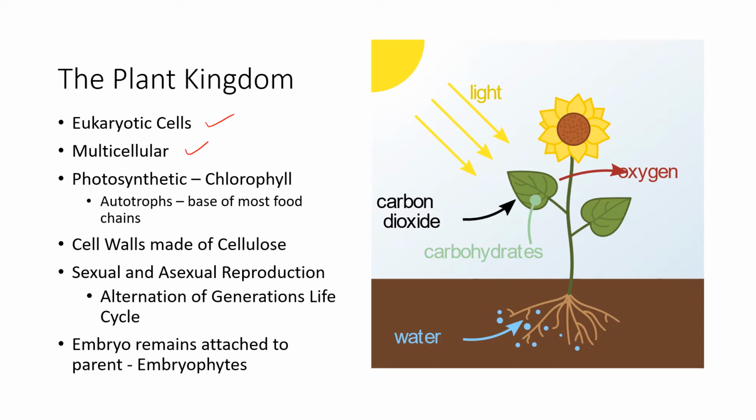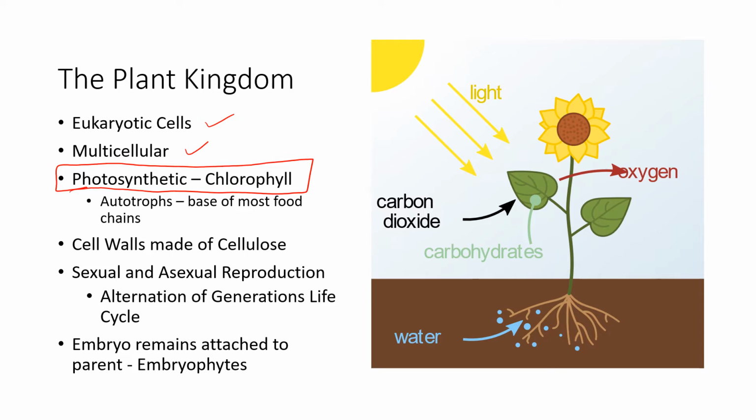A very important characteristic of plants is that they undergo a process called photosynthesis. In order to do that, they have to have a pigment called chlorophyll. It's a green pigment, and it is why plants have green leaves. It is what causes their green color.